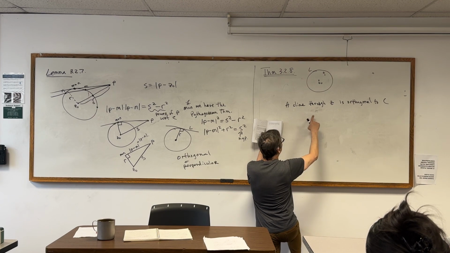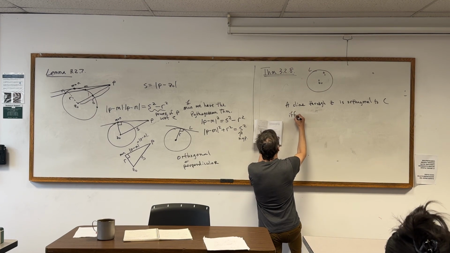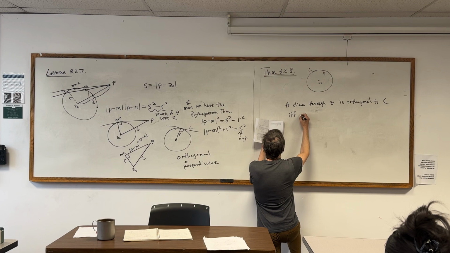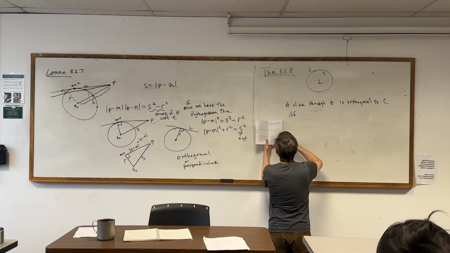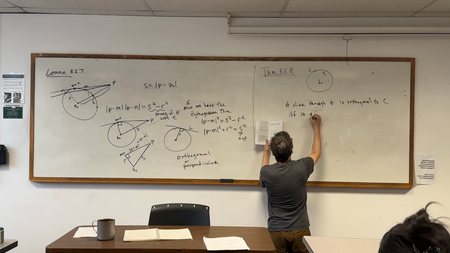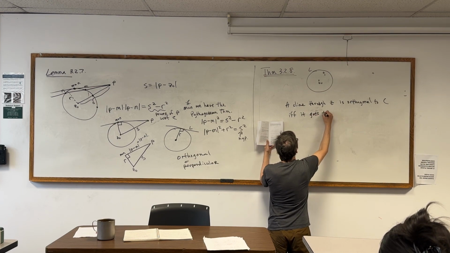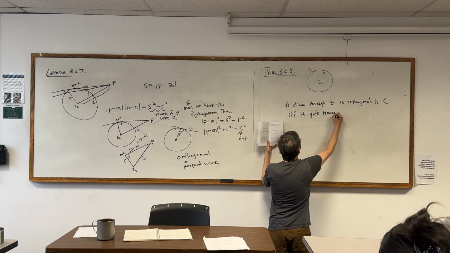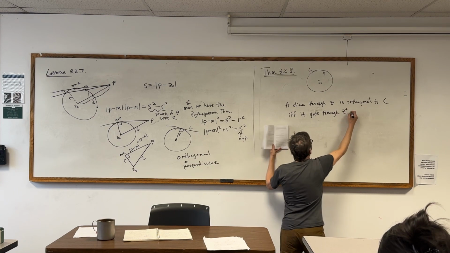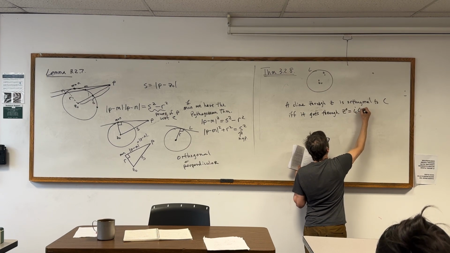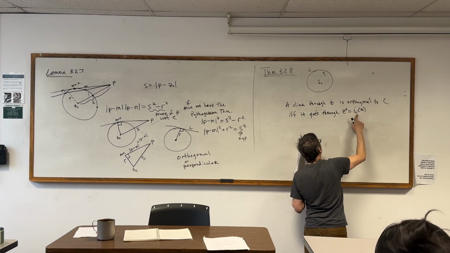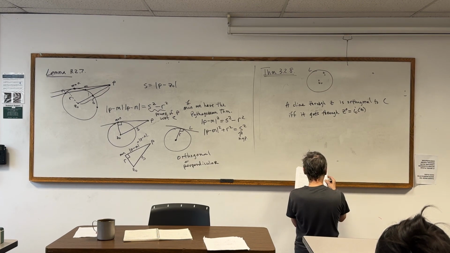A cline through Z is orthogonal to C if and only if, and we should talk about that too, because that's a logic and proof thing, it goes through Z star. Let's write out what Z star is. Z star is the inversion of the point Z in C, and that's the notation. Invert Z in C, you get Z star.